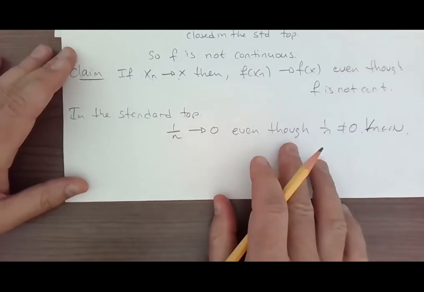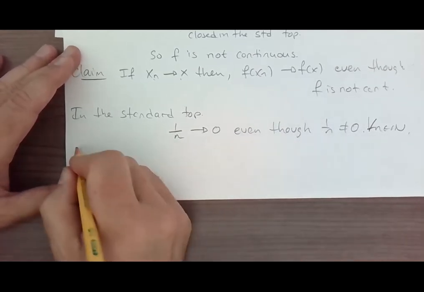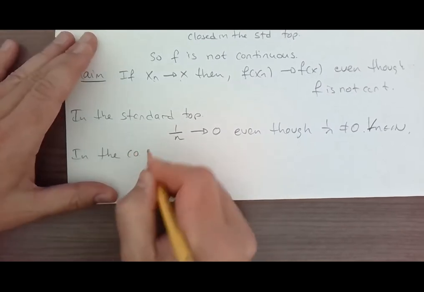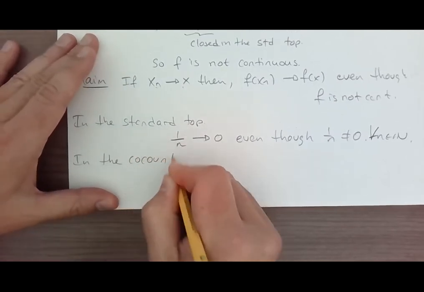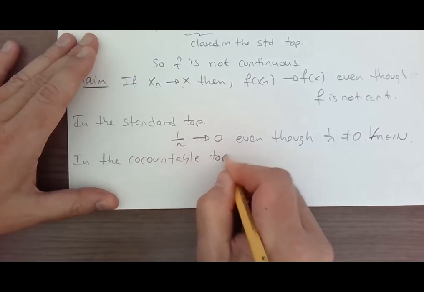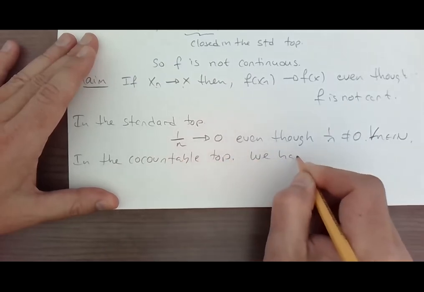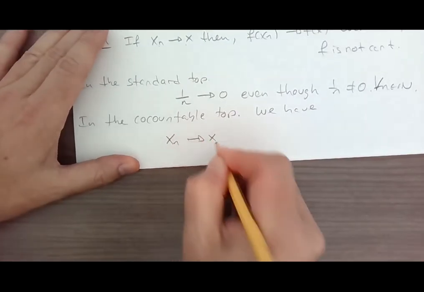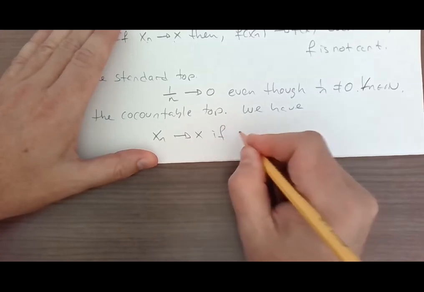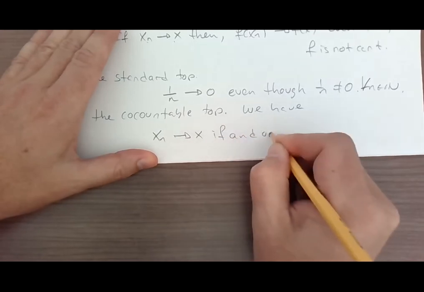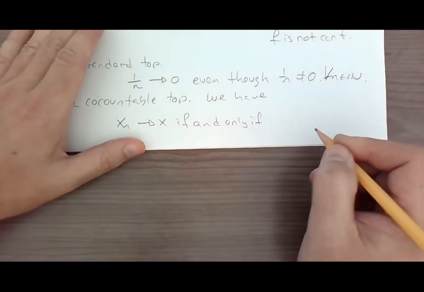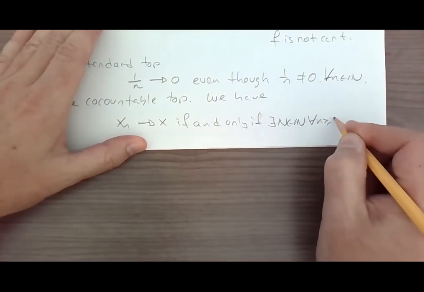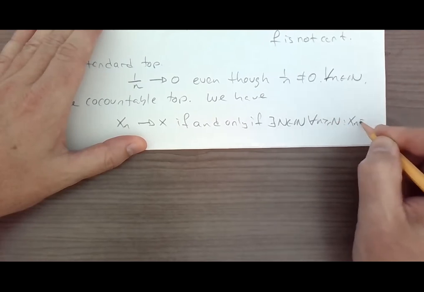So that doesn't work in the co-countable topology, this is not true. We'll have that xn converges to x if and only if there exists some number such that for any number later you'll have that xn is exactly x.